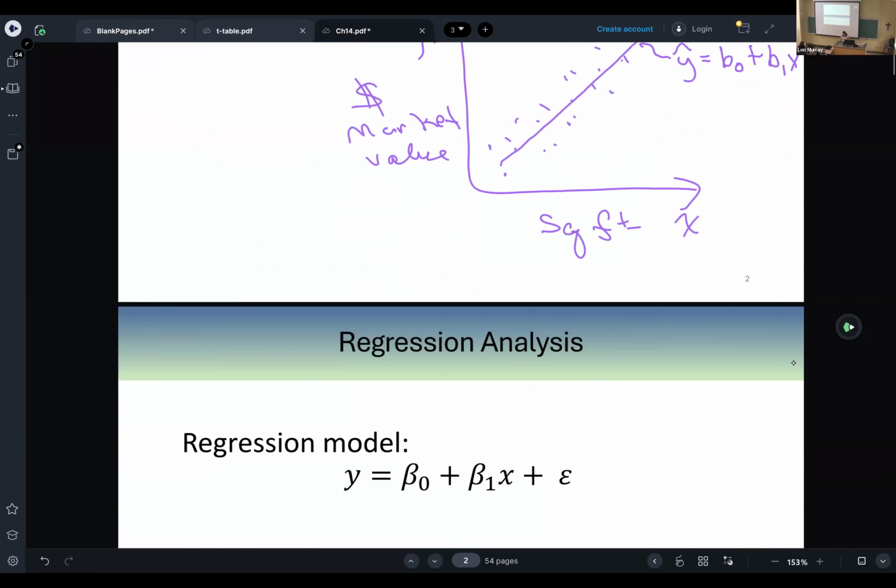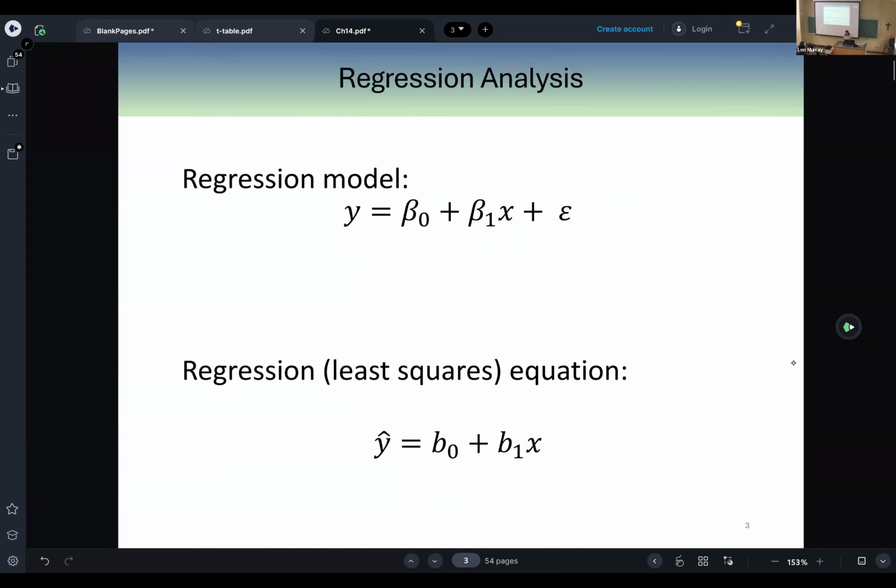Right, so somewhere out there in the universe is the true equation. This is what we call the regression model. That is the perfect model if we had all available homes that were ever listed or will be listed. So it's like if we had the whole population, we would have the truth.